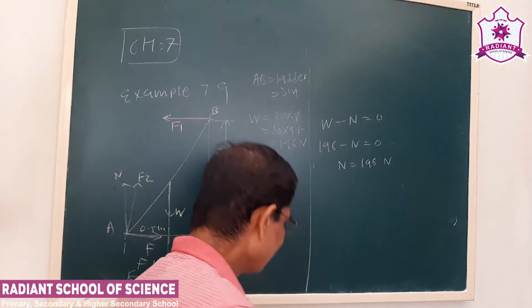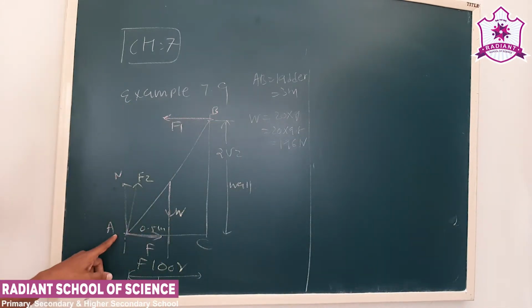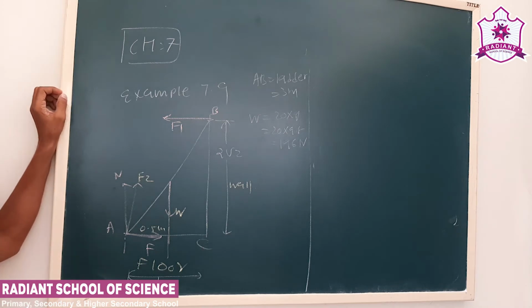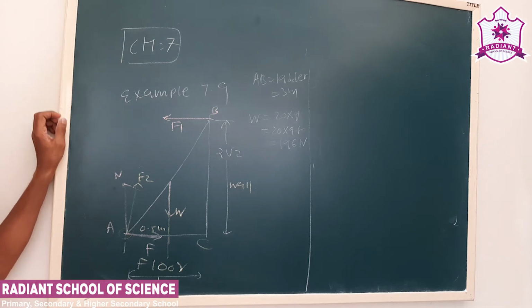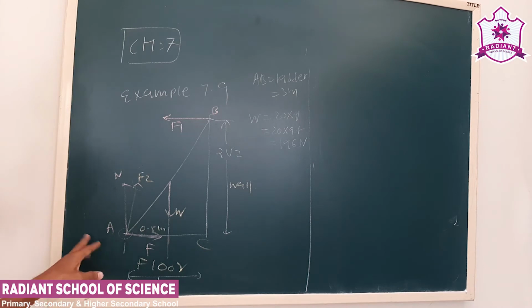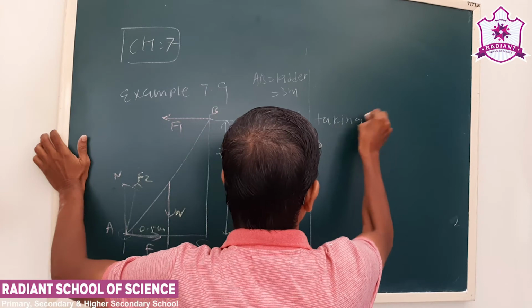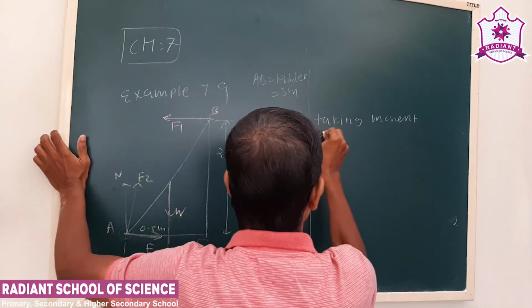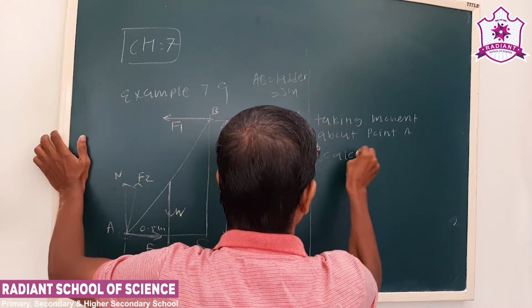Now we have to take moment about point A. Three forces, F1, N, and the resultant of F and N, pass through point A, so the perpendicular distance of all three forces about point A is 0.